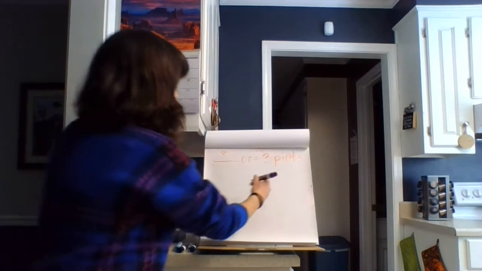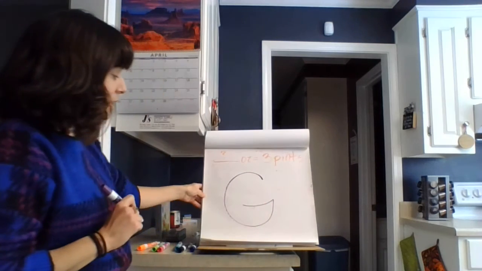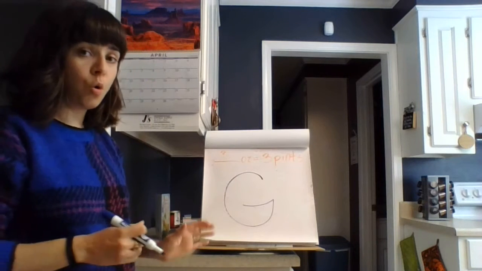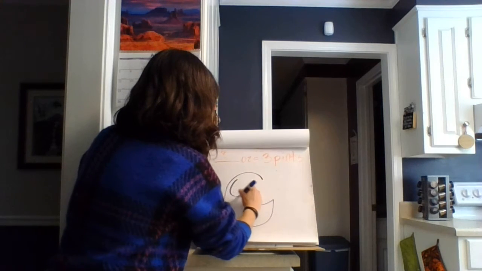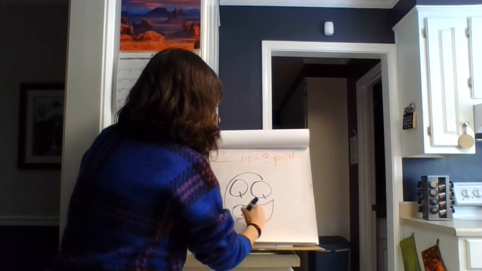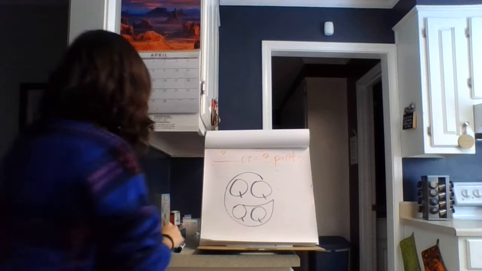So the easiest way for me to picture this is to think of the big G, and I know that in the big G there are 4 quarts. And I know that each quart has 2 pints in there.